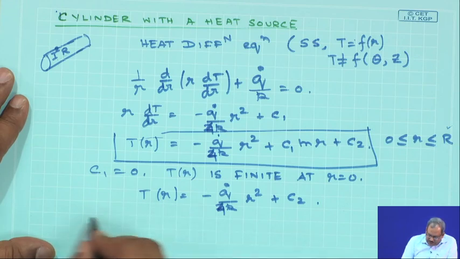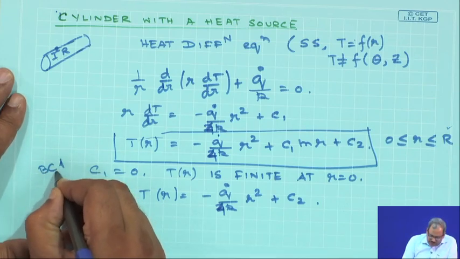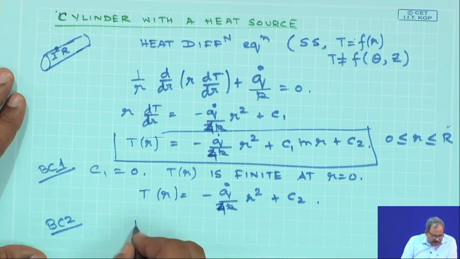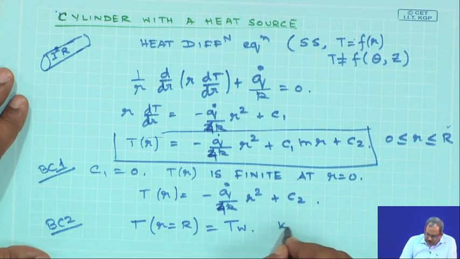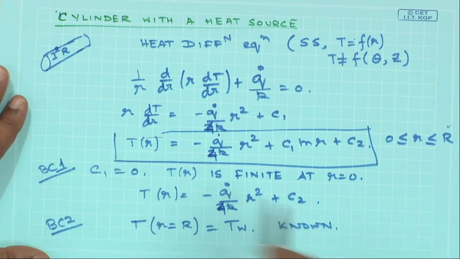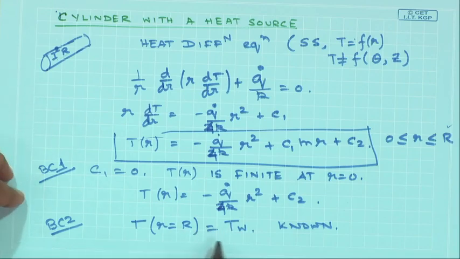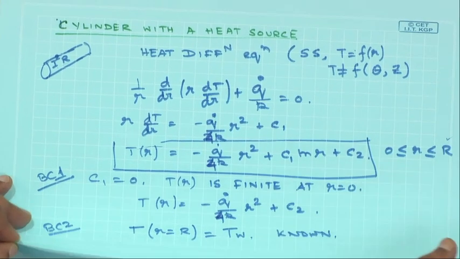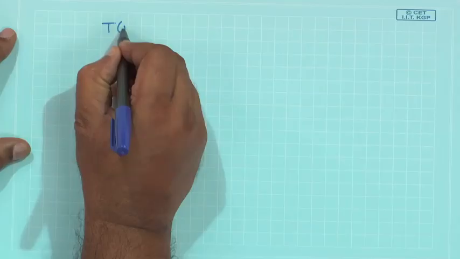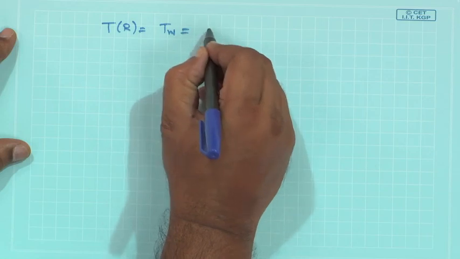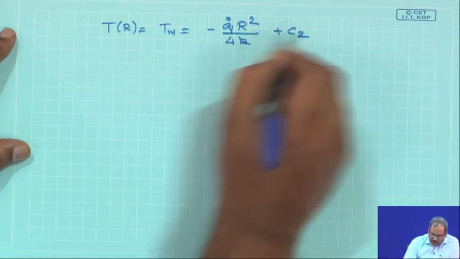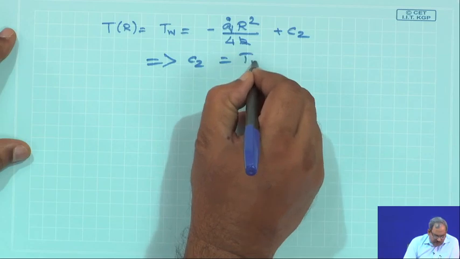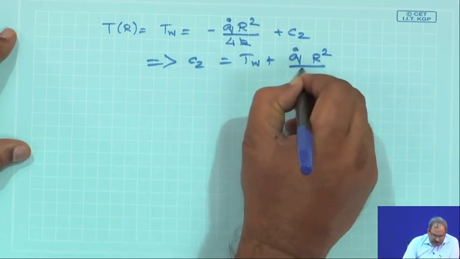Now, what is the second boundary condition? This is boundary condition 1, and for boundary condition 2, let us assume that T at small r equals capital R is the wall temperature, which is known to us. If the wall temperature of the wire is known to us at r equals R, then through the use of this boundary condition, one would be able to find that T at R is T w, which is equal to minus Q dot R square by 4K plus C2, which gives C2 equals T w plus Q dot R square by 4K.